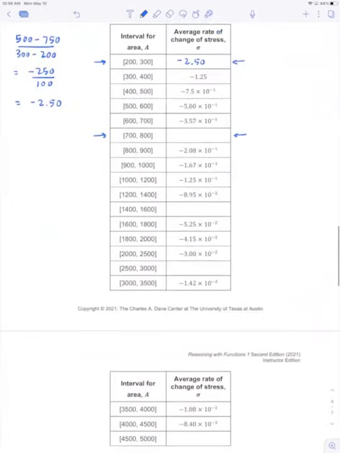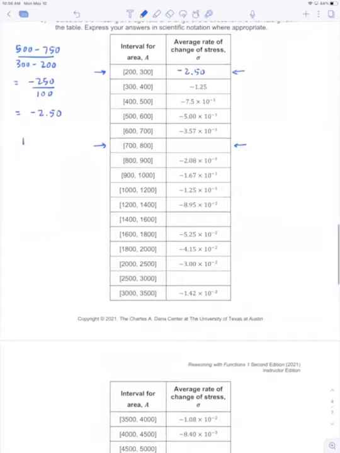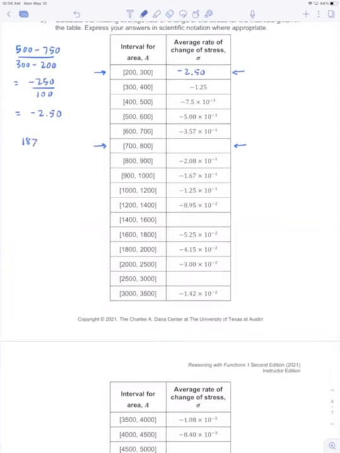So the numerator of our fraction is 187.5 minus 214.3, over 800 minus 700, and we get negative 0.268.